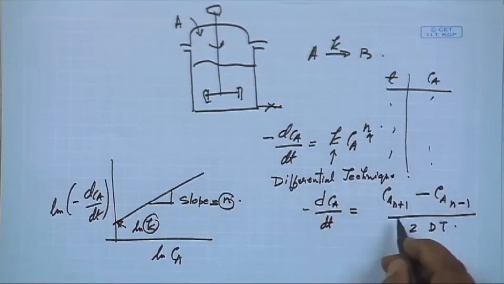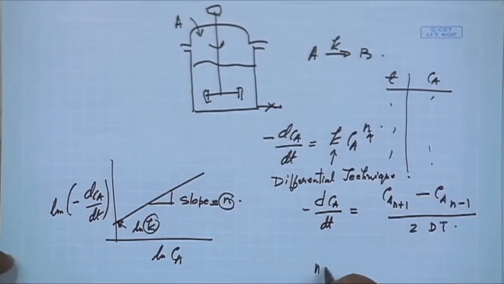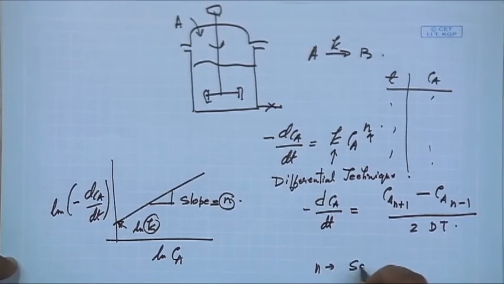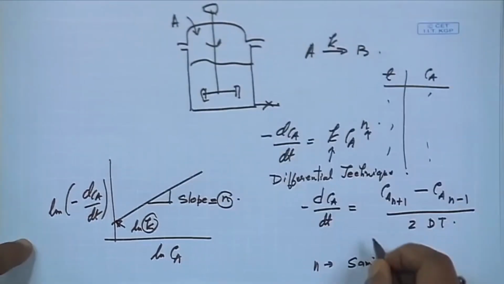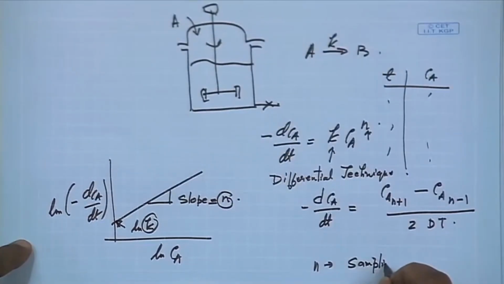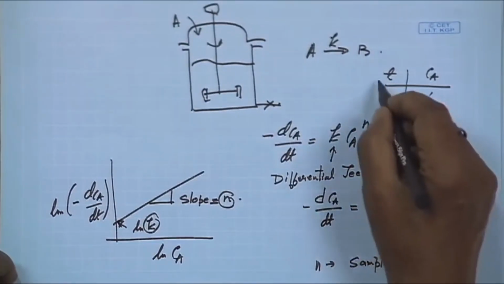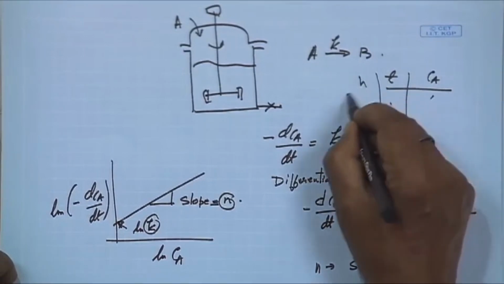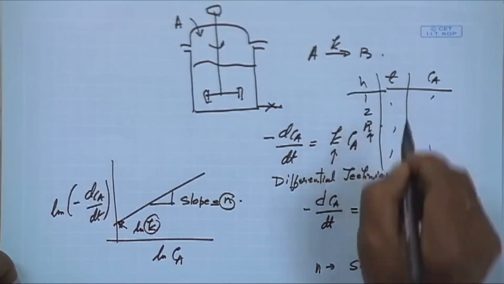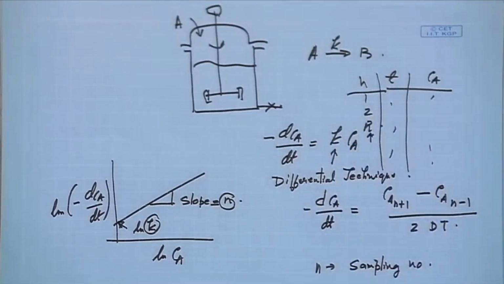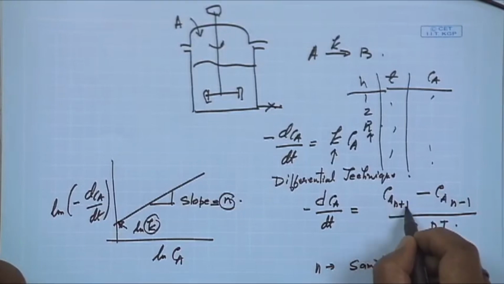Very simple. What is the n? It is the sampling number. Suppose here you put n as 1, 2, 3, 4 like this, you can have different numbers.